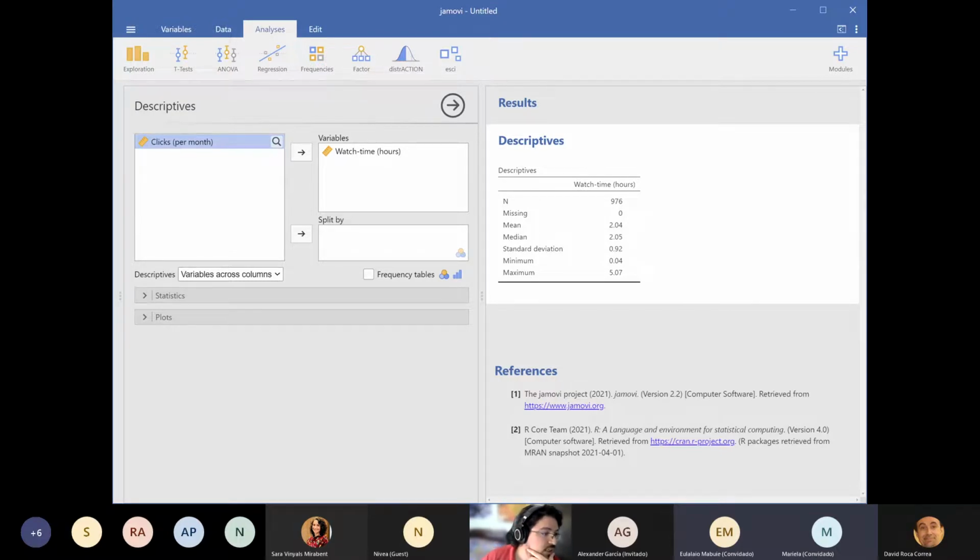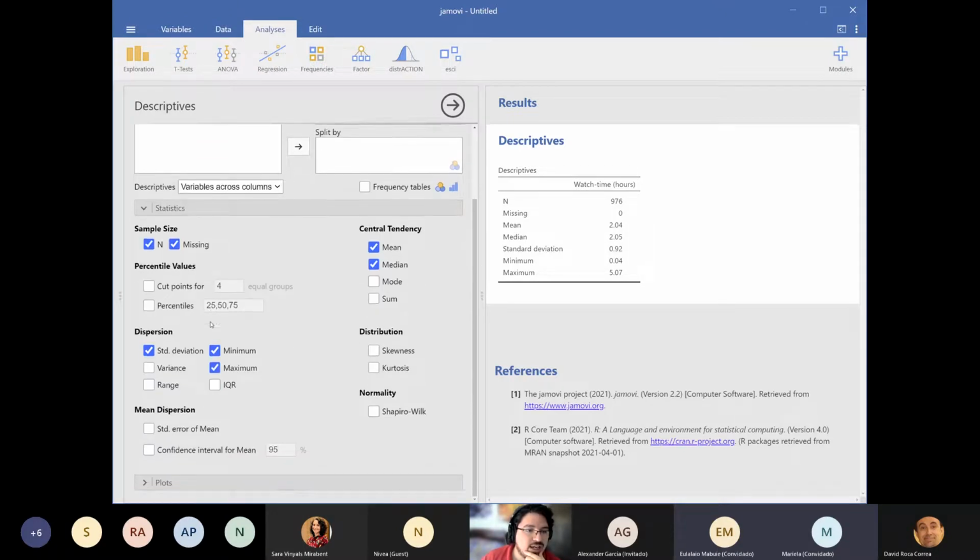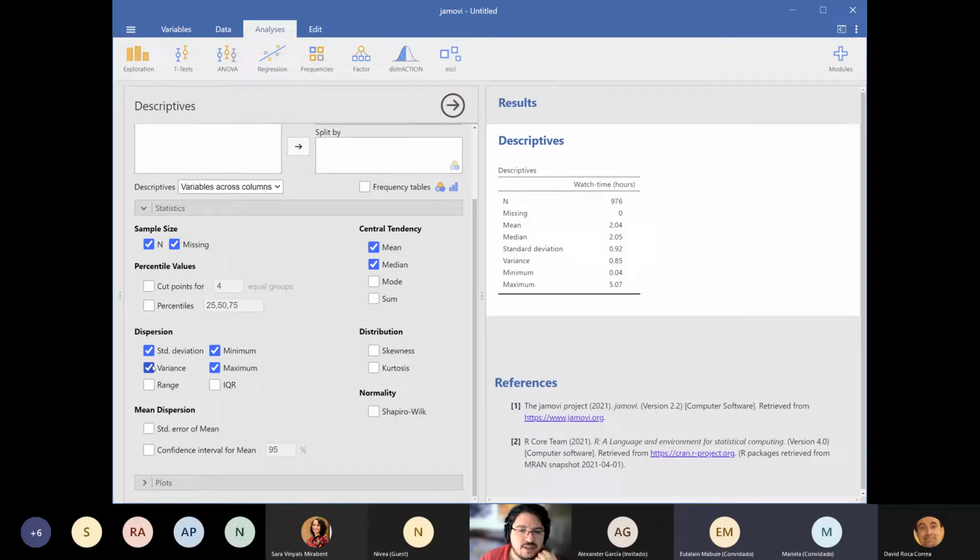So we can use any number of these options to have some more information about this data. For instance, here is why we have the mean, because we have mean selected, and why we have the median. Here we can have also the variance, not particularly interesting if we already have the standard deviation.